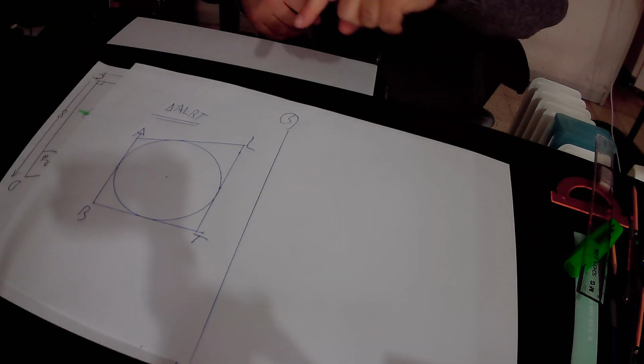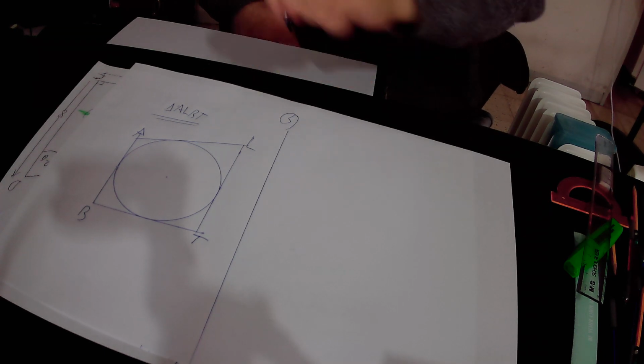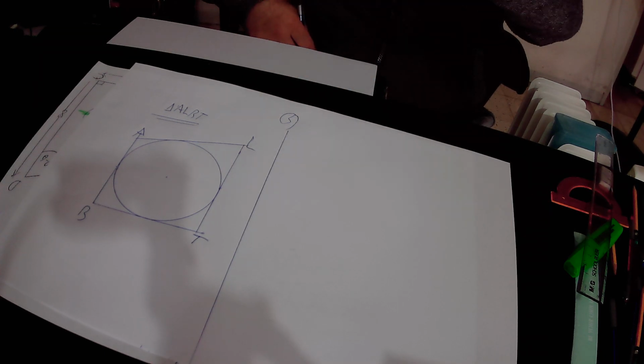So actually this is the small quadrilateral ALBT with the circle that is inscribed inside it.